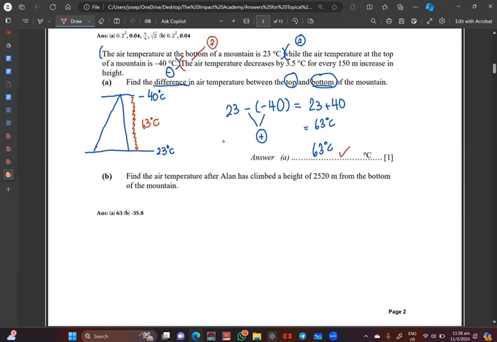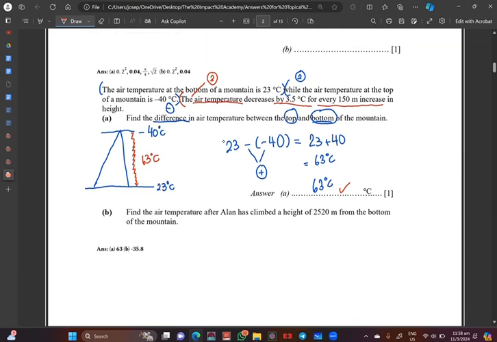Sentence number 3. The air temperature decreases by 3.5 degrees for every 150 meters increase in height. So confusing, right? So maybe I simplify for you first. Every time I increase 150 meters, my temperature will decrease by 3.5 degrees Celsius.